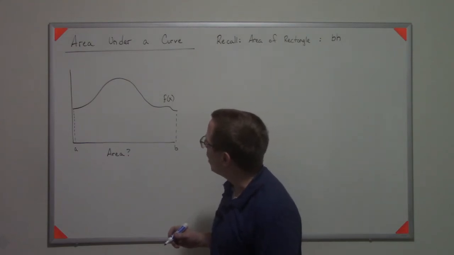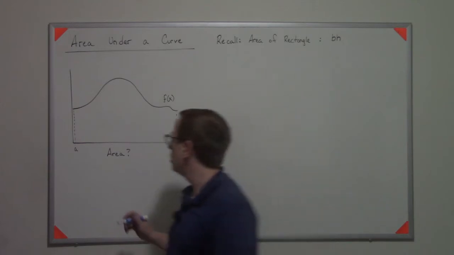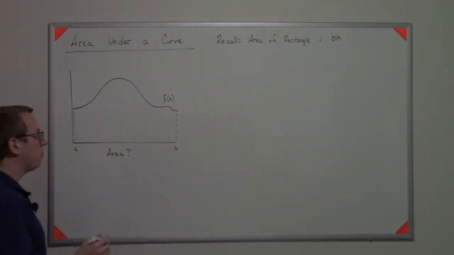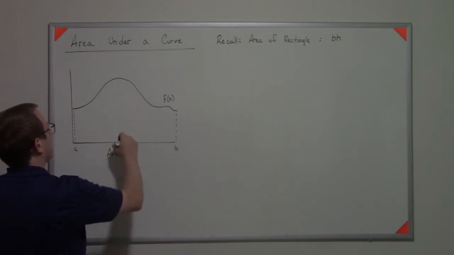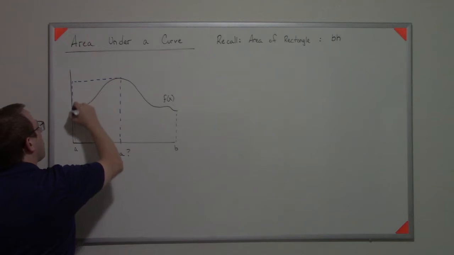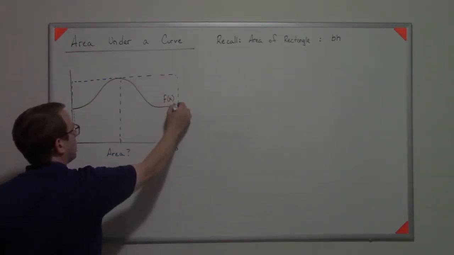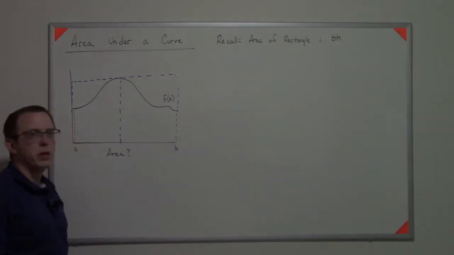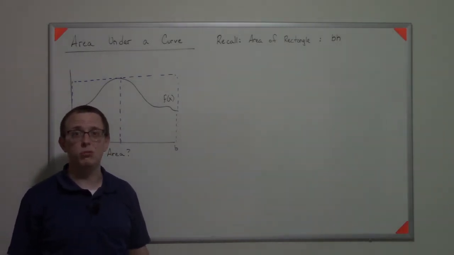I'm going to try to panel this thing with rectangles. So I'm going to split this thing up into, let's just say, 2 regions. And I've got 2 rectangles here. What do you think? You think that estimates it? It's not great. It's all right.